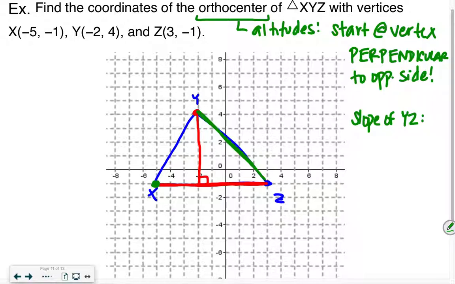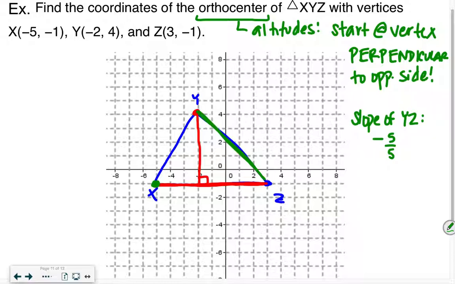So Y to Z, first of all, has positive or negative slope, please. It's negative because it's falling. Negative slope. And then we're going to count how far up or down it went, and then how far over it went. So from Y to Z, Ashley, how far down did it go? 5. And how far over did it go? 5.